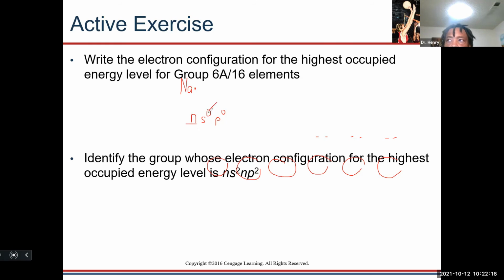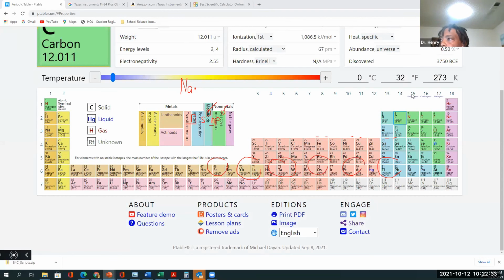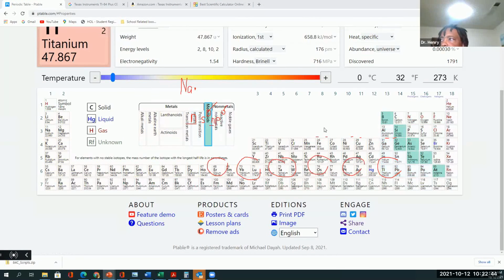So n could be energy levels. So if we go group 16, here's group 16. So how many s's and p's are in group 16? So how many electrons are in the s orbital for group 16?